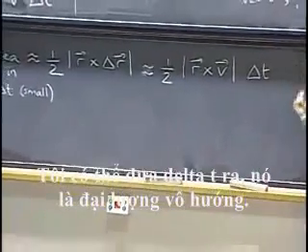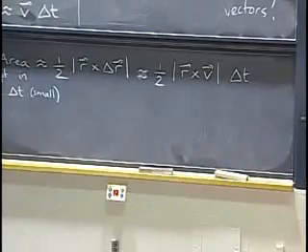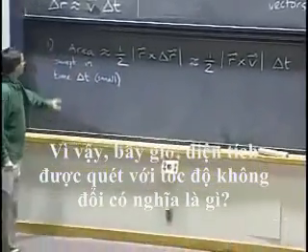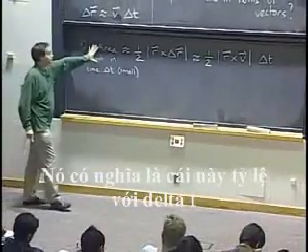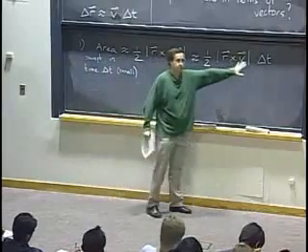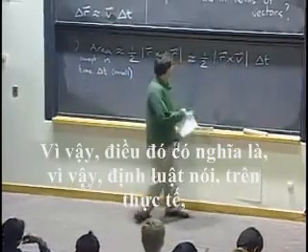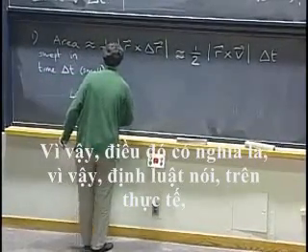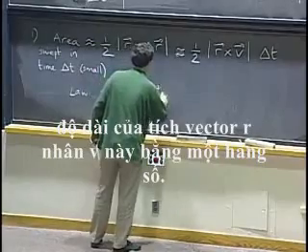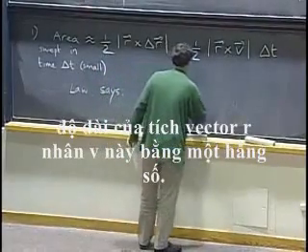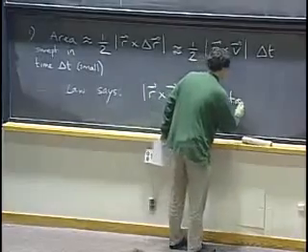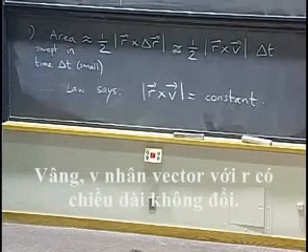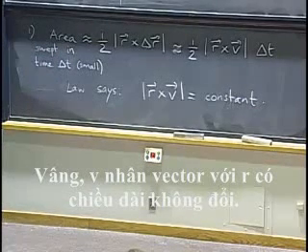I can take out the delta t, which is a scalar. So now what does it mean to say that area is swept at a constant rate? It means this thing is proportional to delta t. So that means the law says, in fact, that the length of this cross product r cross v equals constant. Okay. r cross v has constant length.